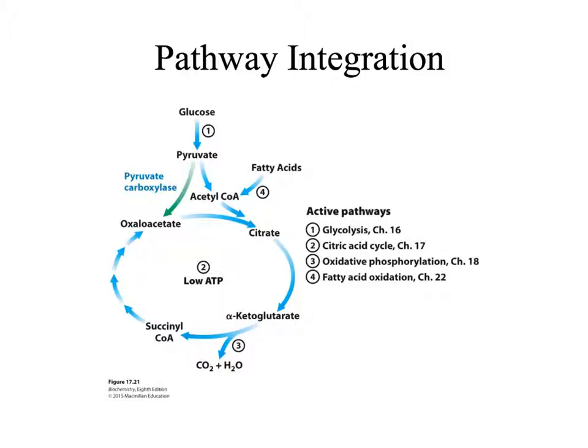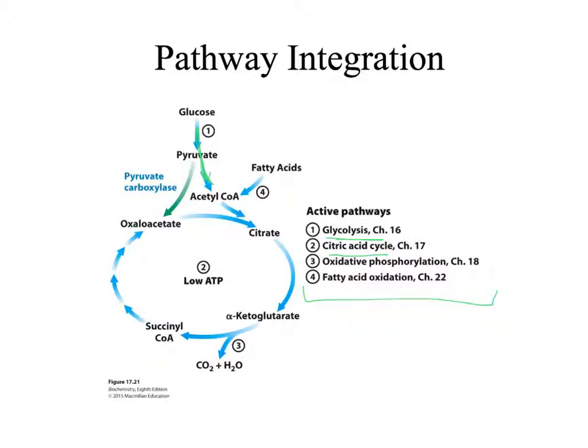Now, the intermediates of the citric acid cycle, because they're often drawn off for various biosyntheses, we need to be able to replenish these. And replenishing of these intermediates is done through a variety of different processes, some of which we've already looked at. So glycolysis can help to maintain a flow of the intermediates here.